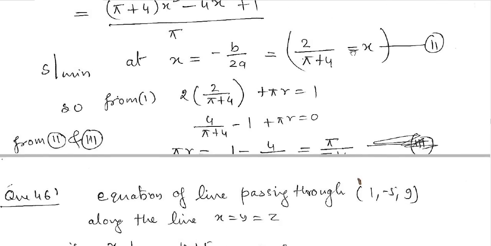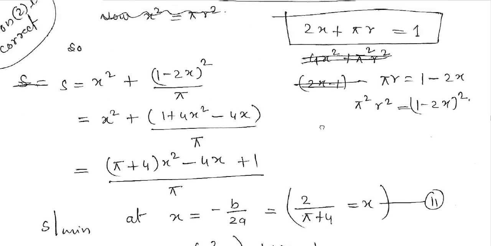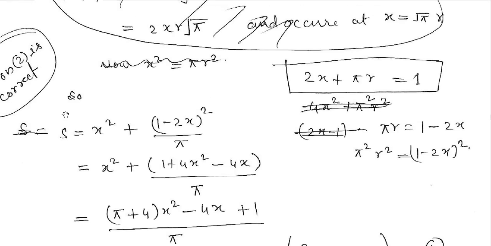You will get r as 1 upon pi plus 4, and you will get x equal to 2r. Hence option 2 would be the correct option.